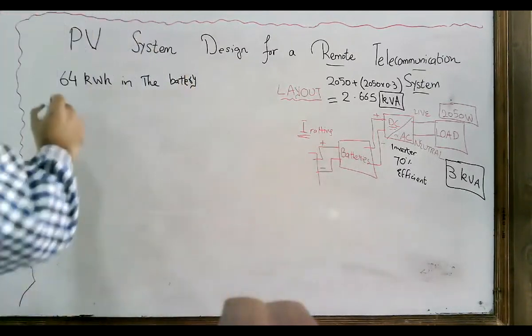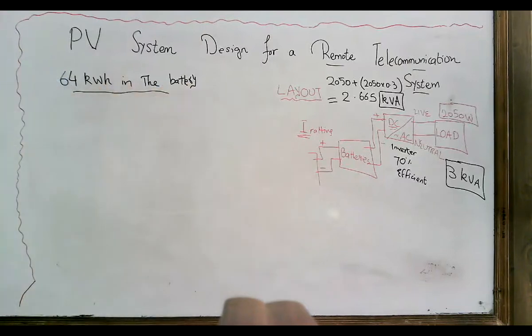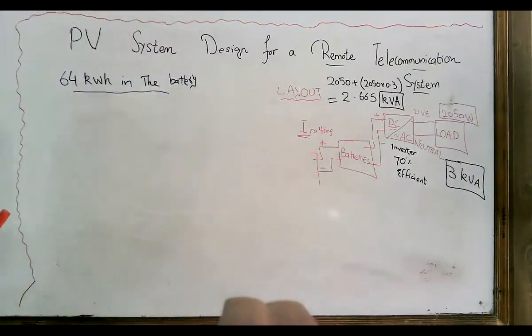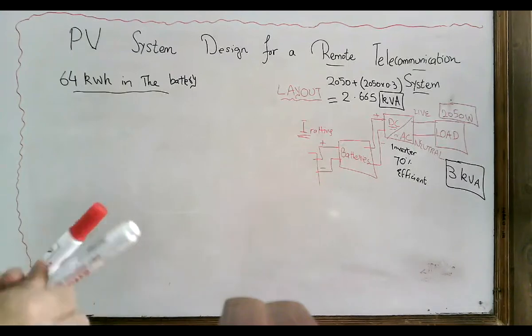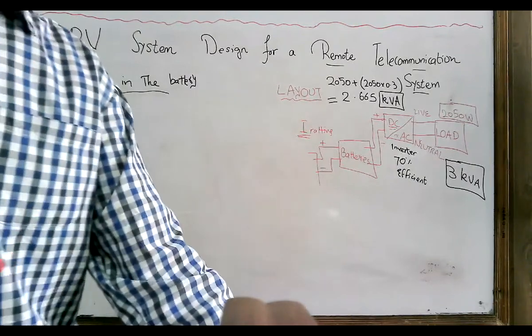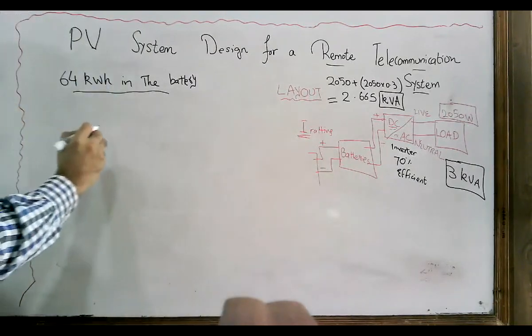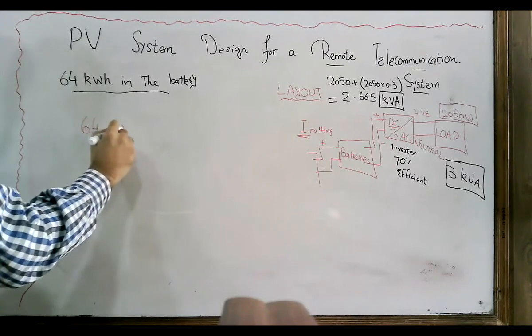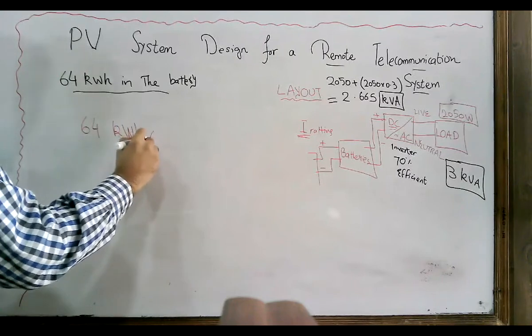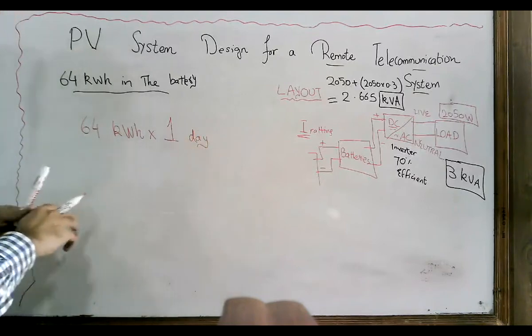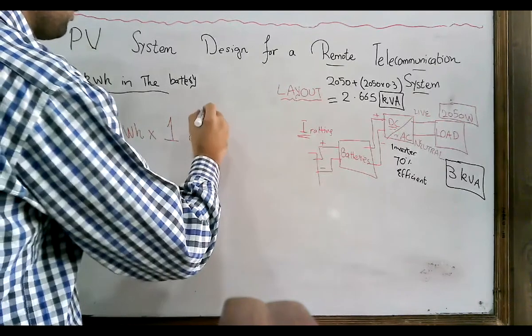Okay. So we need to store 64 kilowatt hour in the battery. So how to decide the battery rating? We start with this 64 kilowatt hour multiplied by 1 day. We are keeping the autonomy of 1 day.